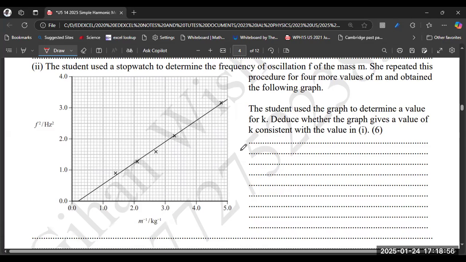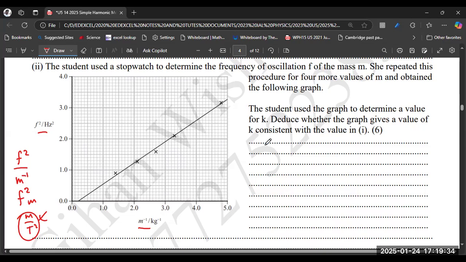When they give you a graph, there will be some kind of relationship between frequency squared and per mass, isn't it? So if I just see the gradient, it would be f squared divided by m to the power minus 1. That is f squared m. Is it having any kind of relationship? f squared is 1 over T squared. m over T squared. Yes.